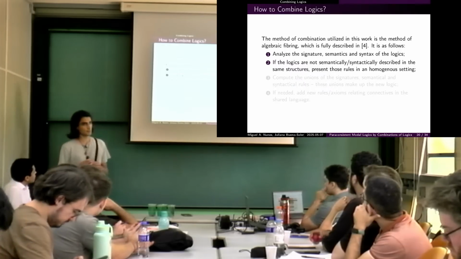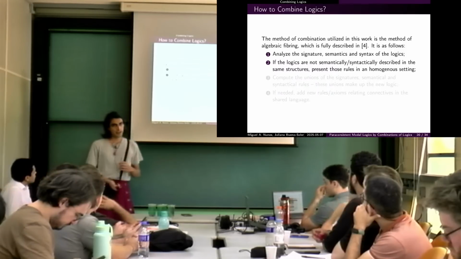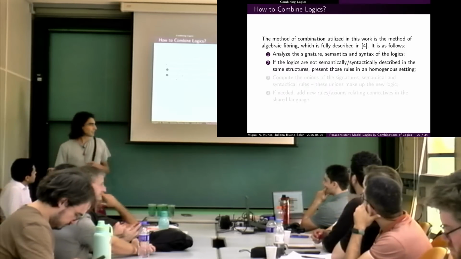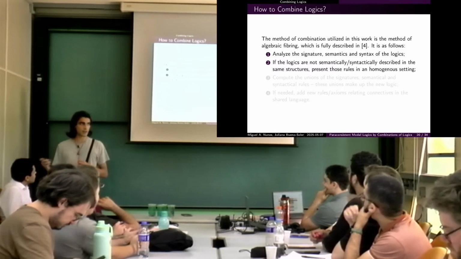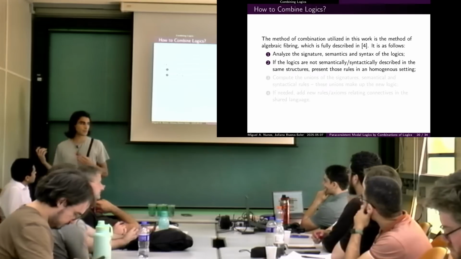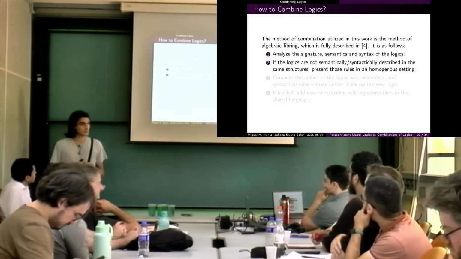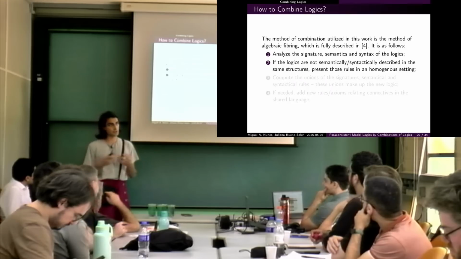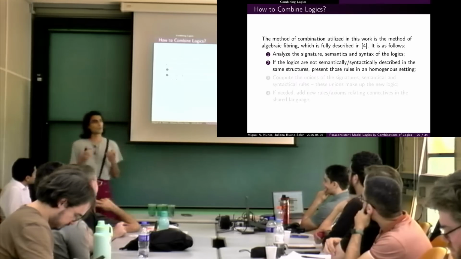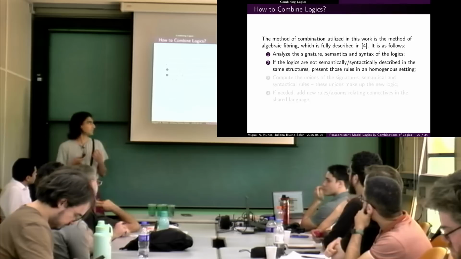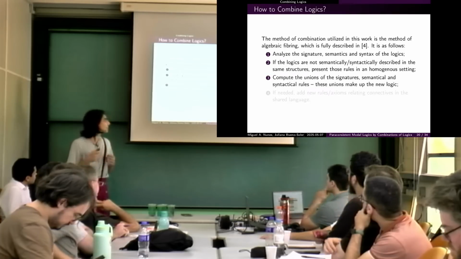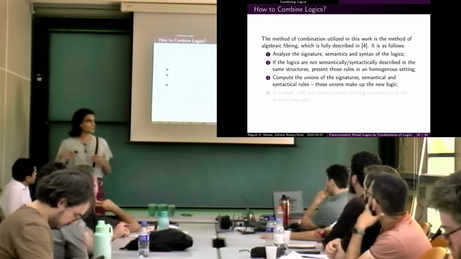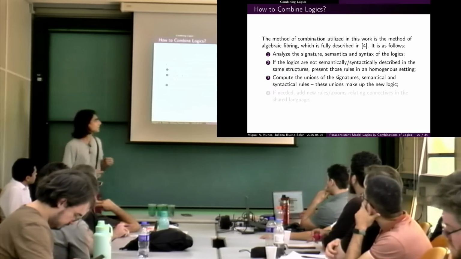Say, for example, if one logic is semantically defined in possible world semantics, and the other by valuations, then we must redefine the semantics in some algebra or some more expressive logic, so that we can define in it all the rules of both logics and then join them up in a single homogeneous system. Then we must compute the unions of the signatures, the semantical and the syntactical rules.